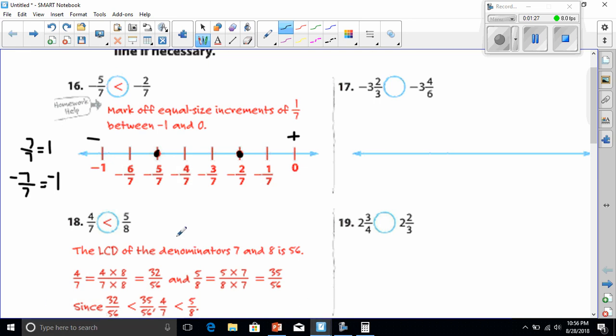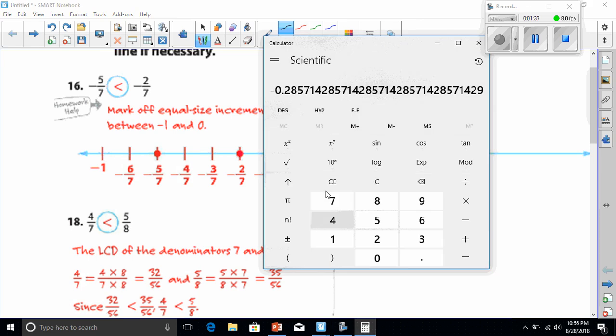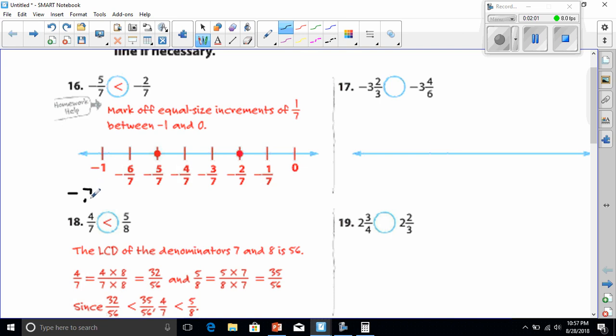Now, another way we can do this is using our calculator. Let's go ahead and get rid of some of these things written here for a second to give me some room. If I use my calculator and do -5 divided by 7, it is going to equal -0.714.